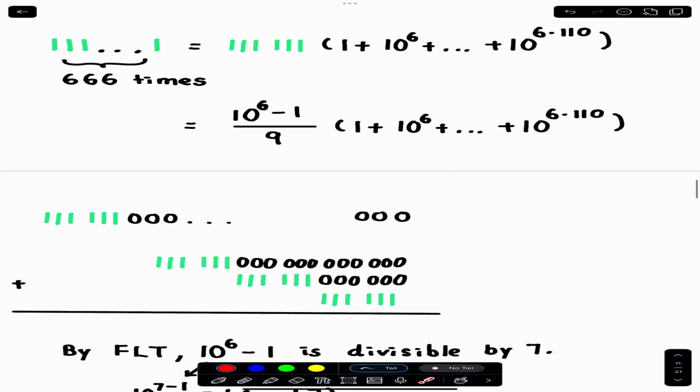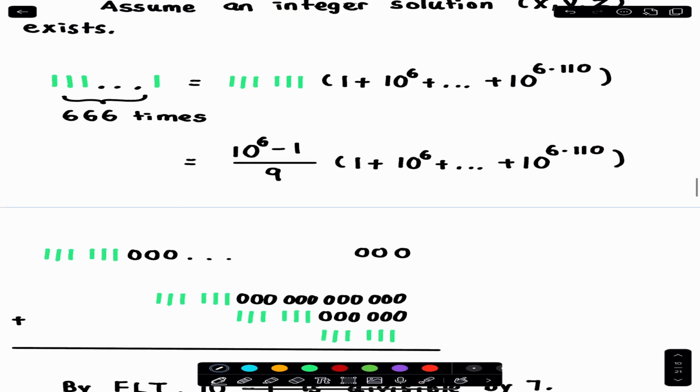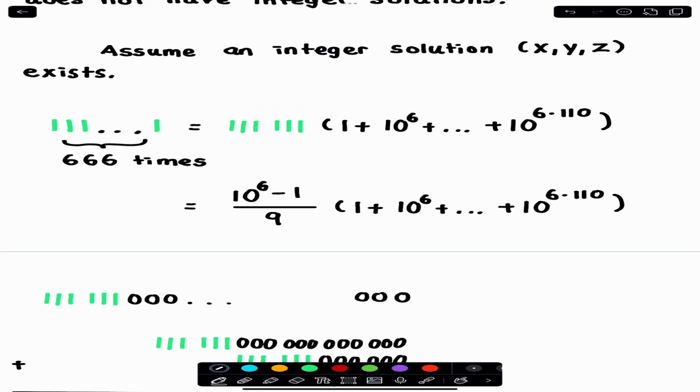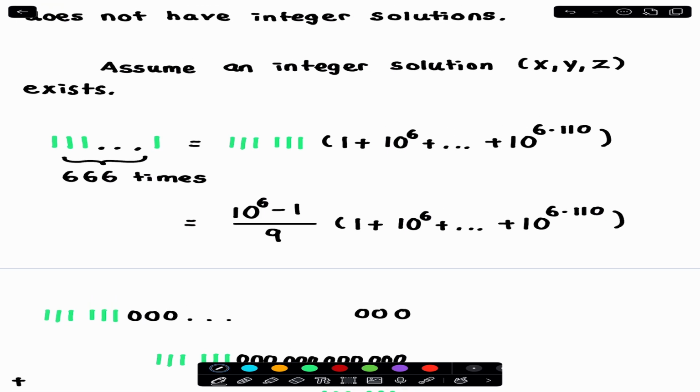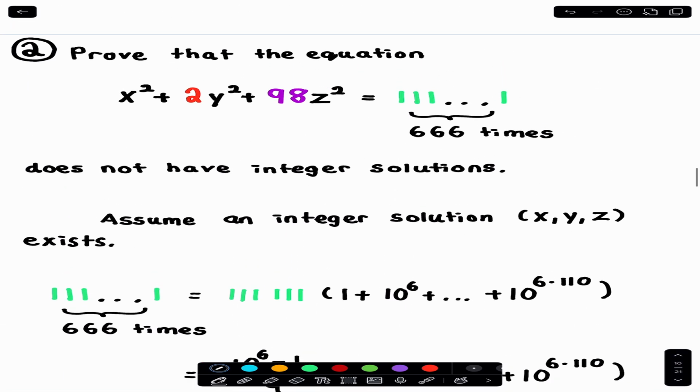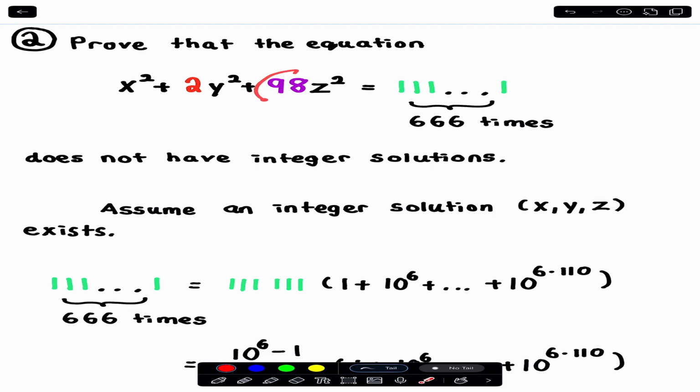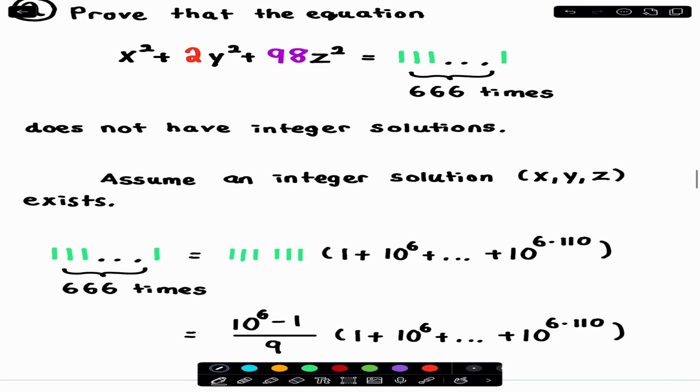Okay, so if we know that this factor over here is divisible by 7, it is natural to take residues modulo 7. So what that basically means is now we're going to evaluate both sides modulo 7. And the reason for that is because of this 98, which is sticking out as a sore thumb as the difficult number. If we look on the left side, there's an imaginary 1 here. 1 is a nice number, 2 is a nice number, 98 is kind of a hard number, but 98 is divisible by 7.